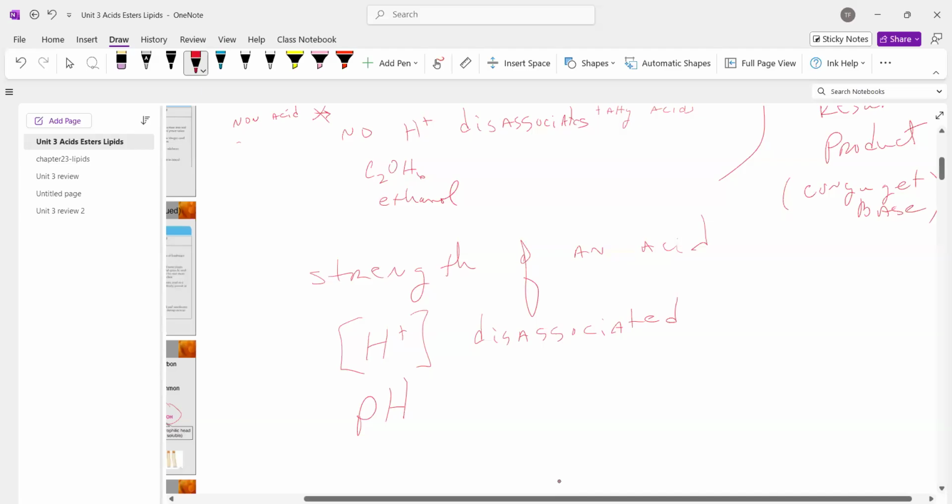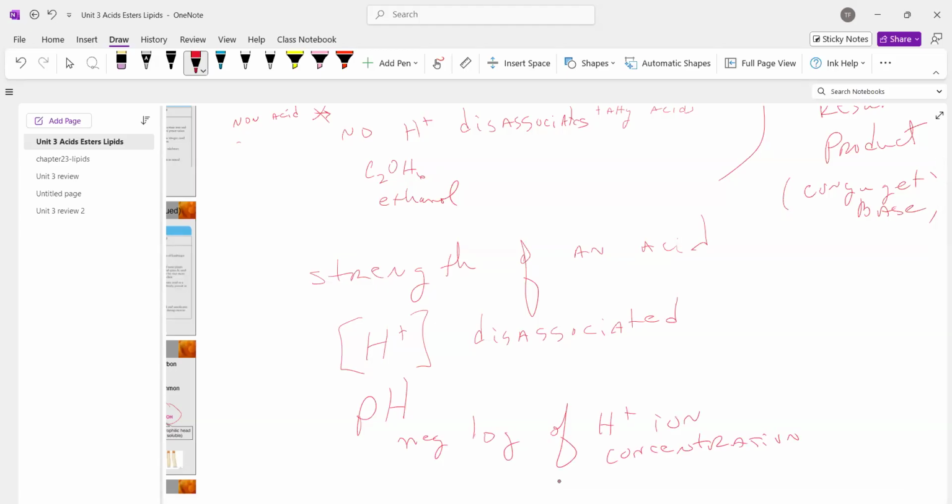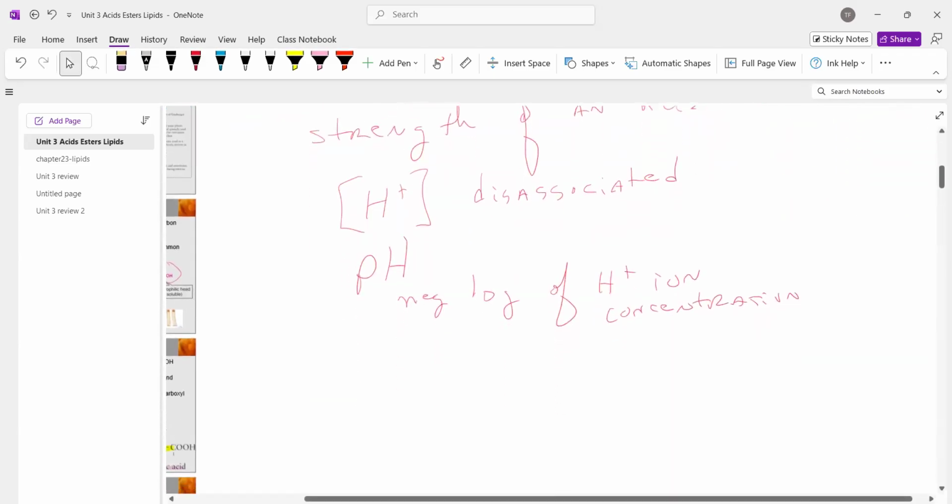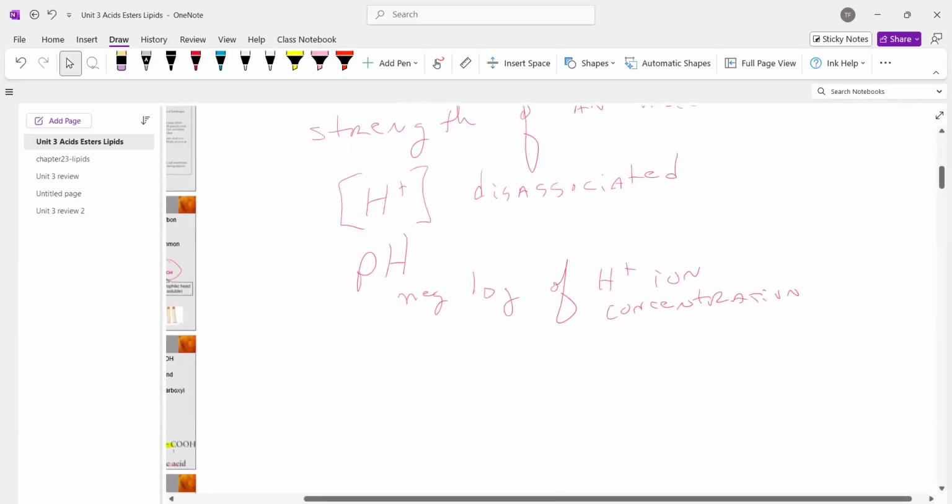The definition of pH is the negative log of the hydrogen ion concentration. Don't worry about knowing the definition of pH, but that's how the strength of the acid is measured.